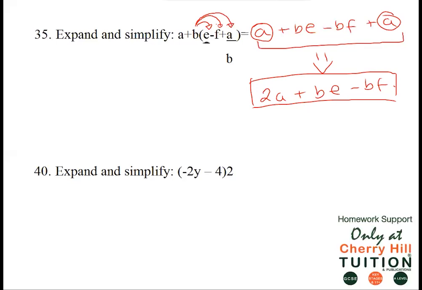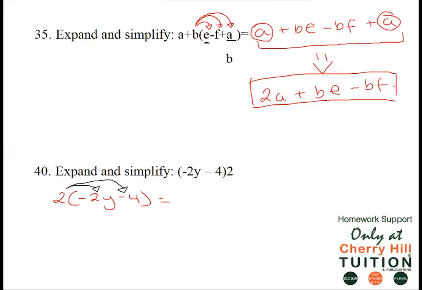So question 40 is asking us to expand and simplify minus 2y minus 4 all multiplied by 2. So let's rewrite this as 2 multiplied by minus 2y minus 4. In order to expand and simplify, we need to do 2 multiplied by minus 2y and then 2 multiplied by minus 4.